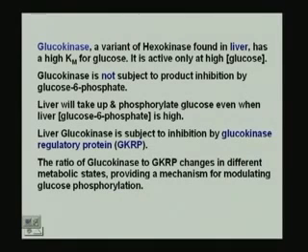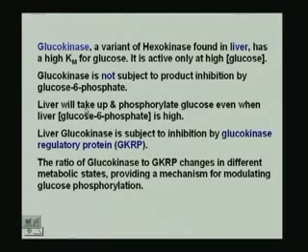As simple as that. Why is that? Because glucokinase is not subject to product inhibition by glucose 6 phosphate. So, glucokinase actually works at high glucose concentrations. When there is high glucose, glucokinase will transfer a phosphate to the glucose.